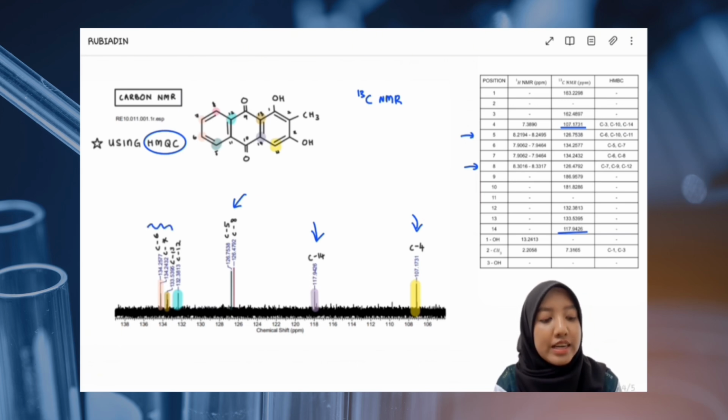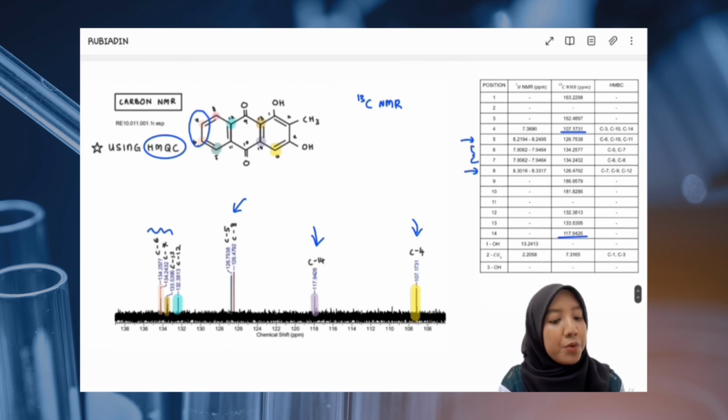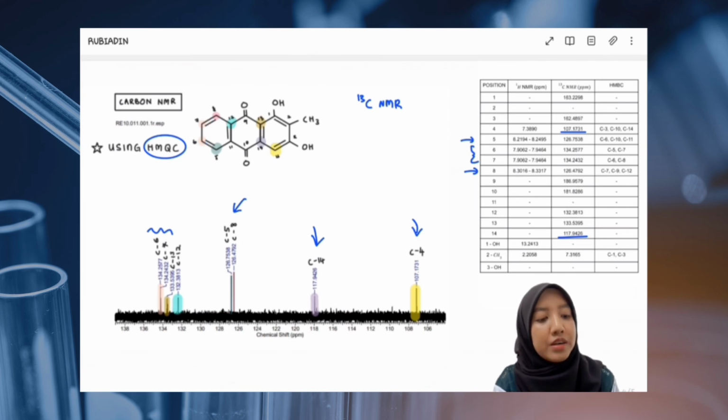C6 and C7 are very similar at 134.2577 ppm, while C7 is 134.2432 ppm, because the carbon positions or the coupling are very near to each other.